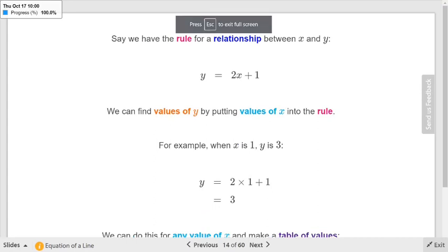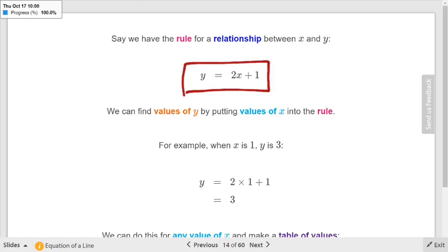So next thing we're going to do is look at an equation of a line. So let's say we have the rule for a relationship. In this case, the rule for a relationship is simply this equation. Looks kind of familiar, except they didn't use capital T and N, right? But do you always have to use capital T and N? No, as long as it's two different letters, it doesn't matter. So here is the equation: y equals 2x plus 1.